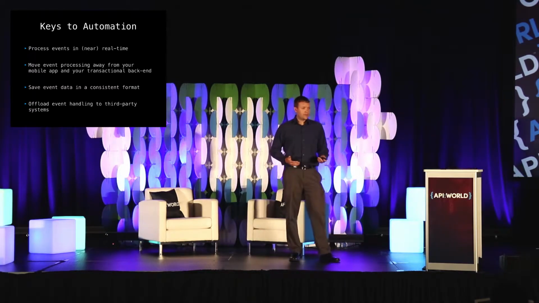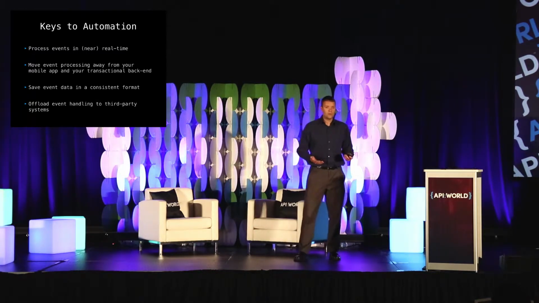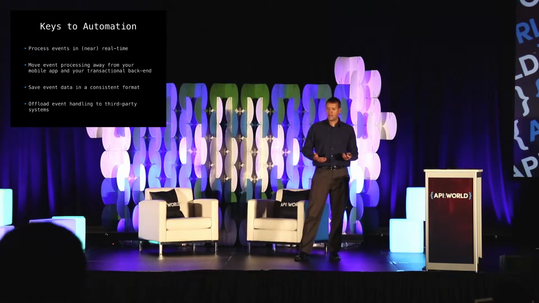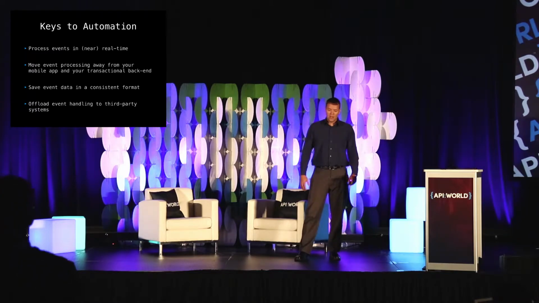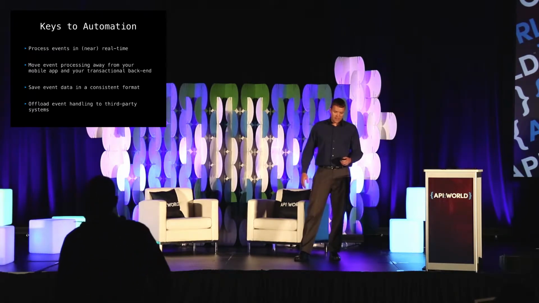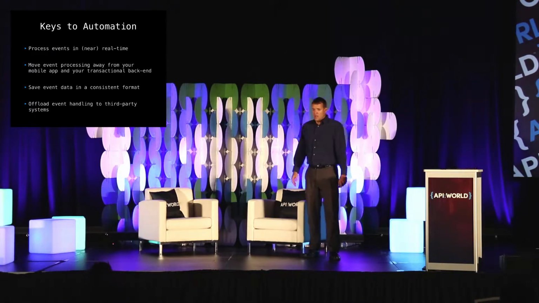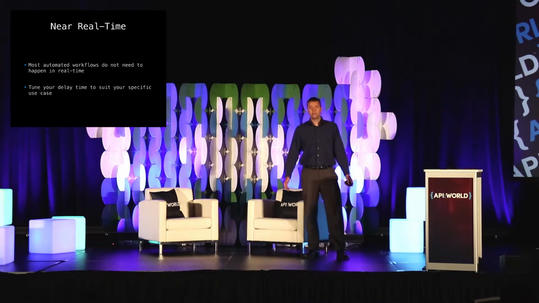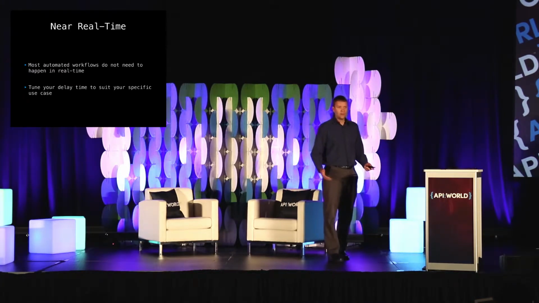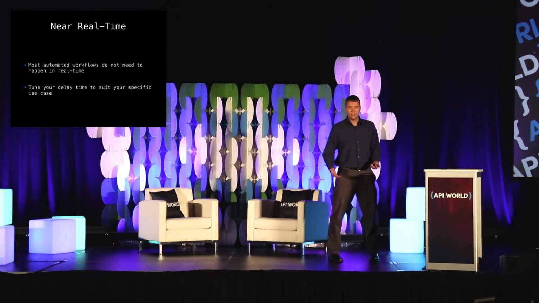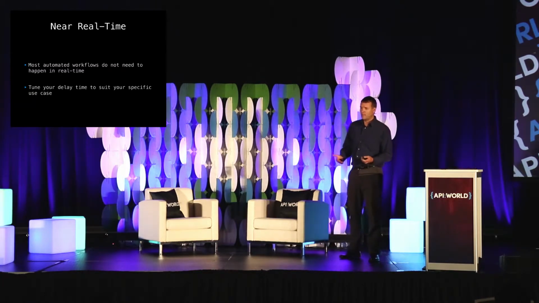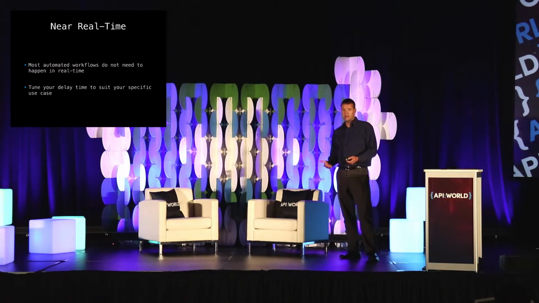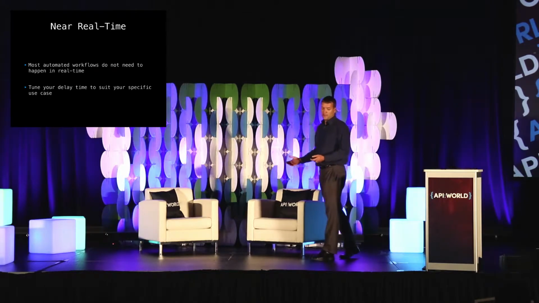So there are several keys to automation in apps and event processing, and I'll be going into each of these in detail. So one is near real time. You don't need to have a real-time processing architecture. If you do, you can set up dual pipelines in this example and be able to have more of a real-time pipeline and then more of a batched pipeline.